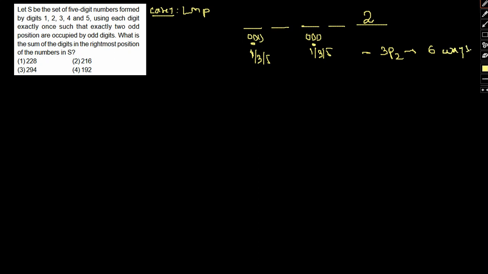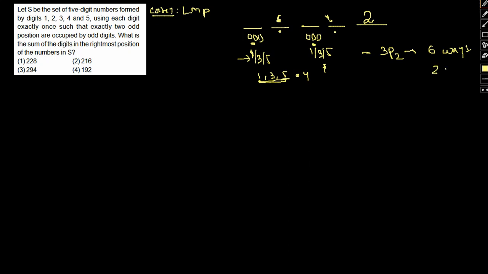And for the other two places, one of the 3 odd numbers, because two of them will be filled in these two positions, will be filled either here or here, and 4 will be filled again either here or here. So that can be done again in 2 ways.